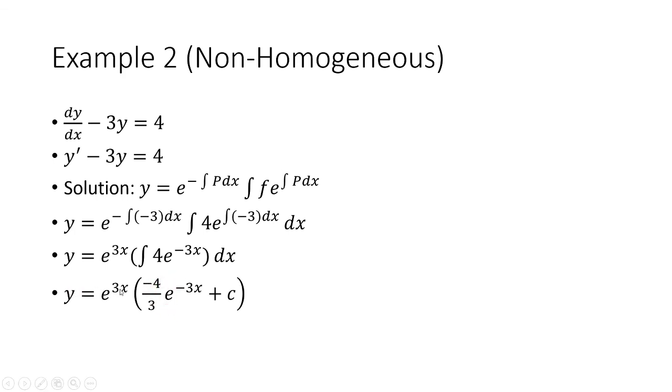So y equals e to the 3x times, here, e to the 3x times e to the negative 3x is equal to e to the 0, which is 1. So 1 times negative 4 thirds is just negative 4 thirds, plus the constant times e to the 3x. So here is your answer.